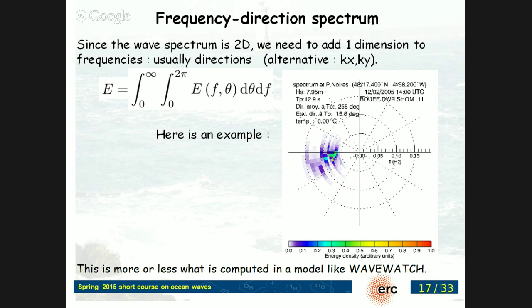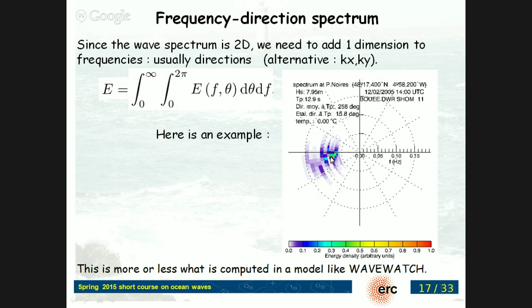So this E here in meters squared is the sum of the spectrum. That's one example estimated from a buoy, which is not too far from here, the Pierre Noir buoy. Here you have in color the energy density, which is normalized by the peak. What this shows you is, for each small square, a frequency in a given direction.